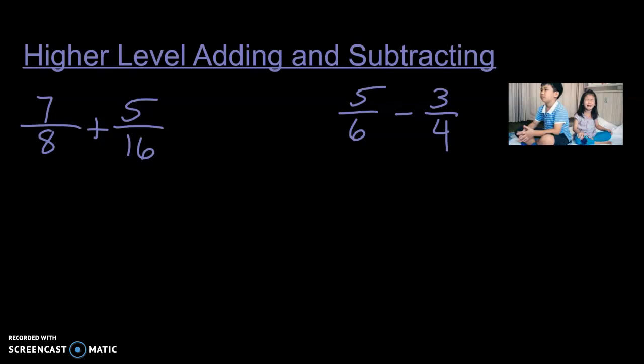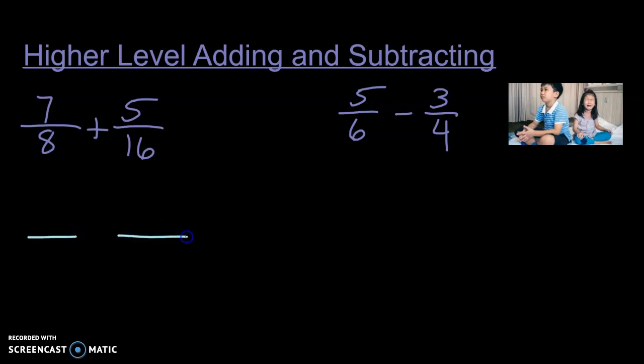Because in this case, if you look at the first problem, 7/8 plus 5/16, you'd be looking at a common denominator of 128 if you multiplied both sides by 16 and by 8 respectively. Most of you, though, look at that and go, wait a minute, there's a lot easier way to do this.